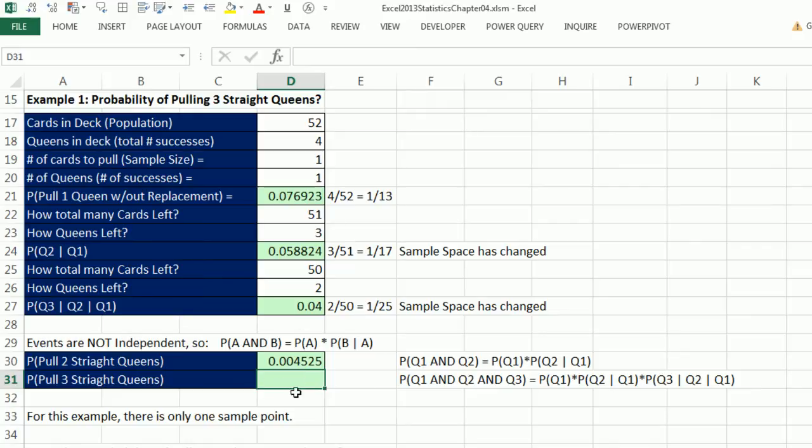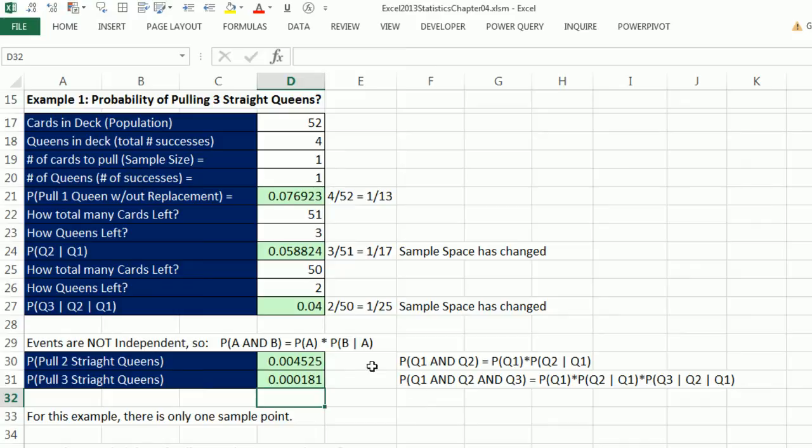That's less than 0.5%. Now the probability of pulling 3 straight, you got it. A times B given that A has occurred times C given that A and B have already occurred, and enter. Wow, look at that, 0.00018. Very small probability that you could pull 3 straight queens.